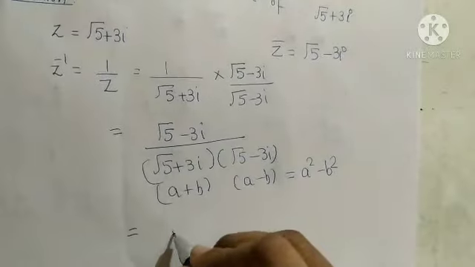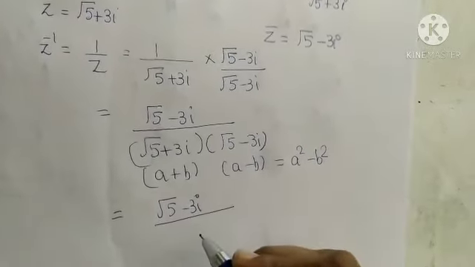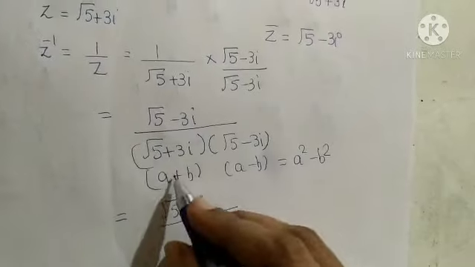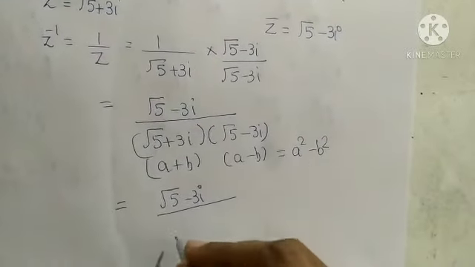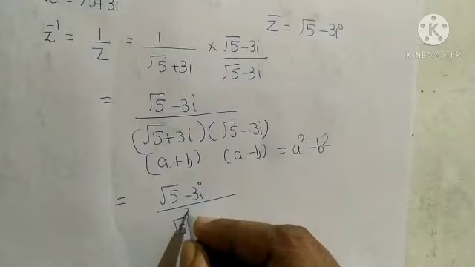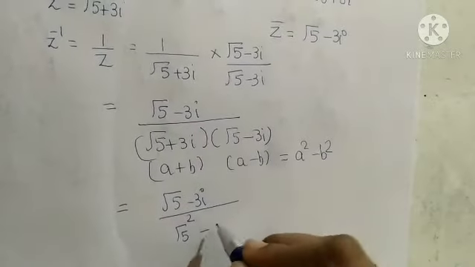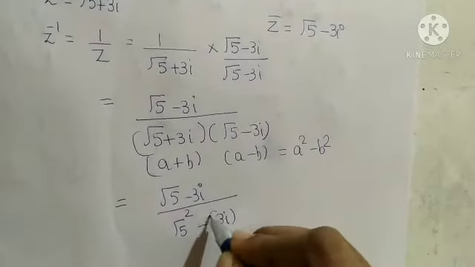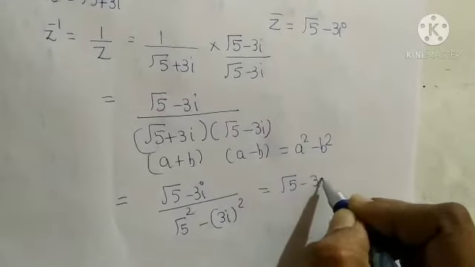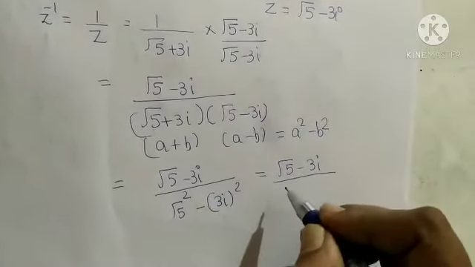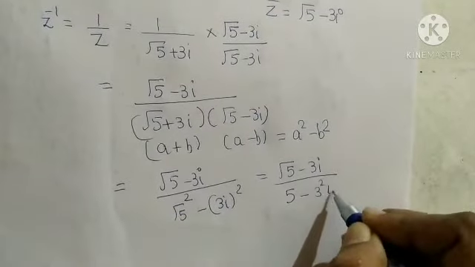So the numerator remains the same, denominator changes to a square minus b square, that is replacing this a by root 5 and b by 3i. So here we get root 5 square minus 3i all square, and this will be equal to root 5 minus 3i divided by root 5 square is 5 minus 3 square into I square.